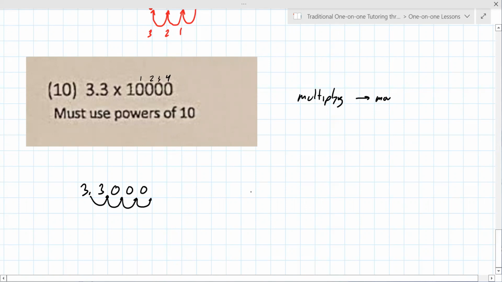And then it's okay to just read the number as the digits 33000. Is that what you have written down? Okay. 3 zeros. Now, in terms of how you read it, I like to put commas in because that helps me to break it up. So it's 33,000. Nothing after.